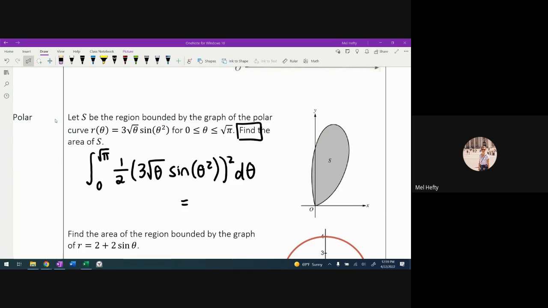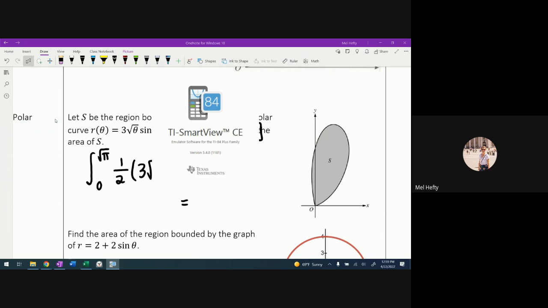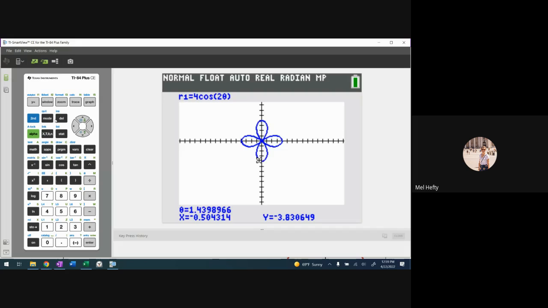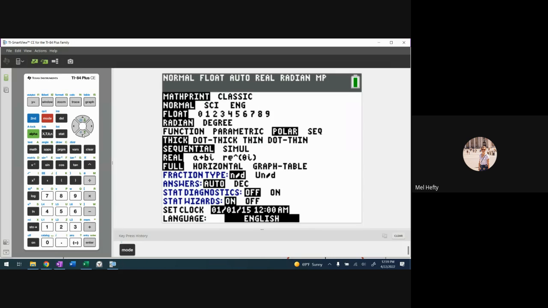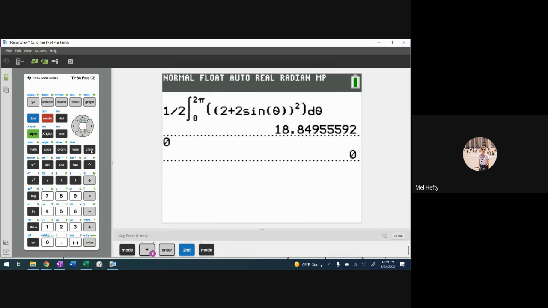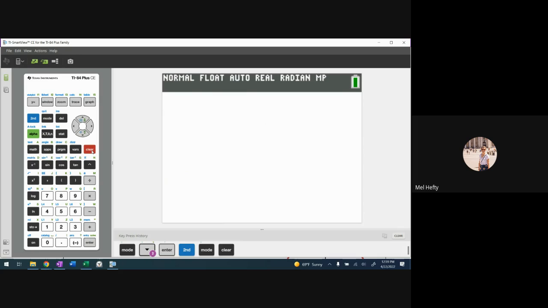All right, you should be getting a number that is relatively small and slightly south of 4. How do you do the square? Should be bigger.